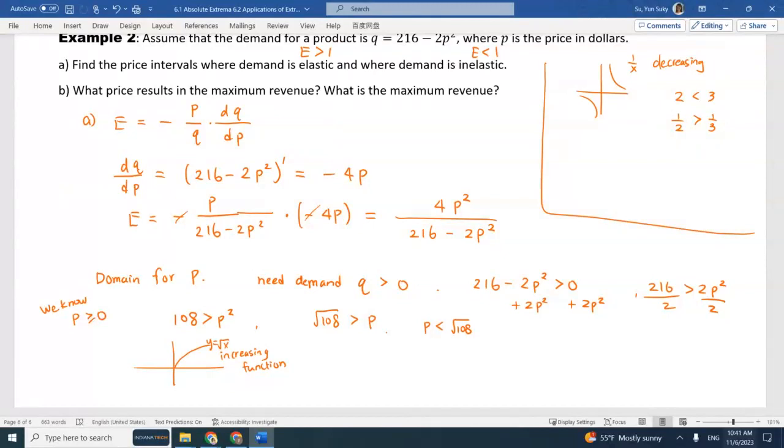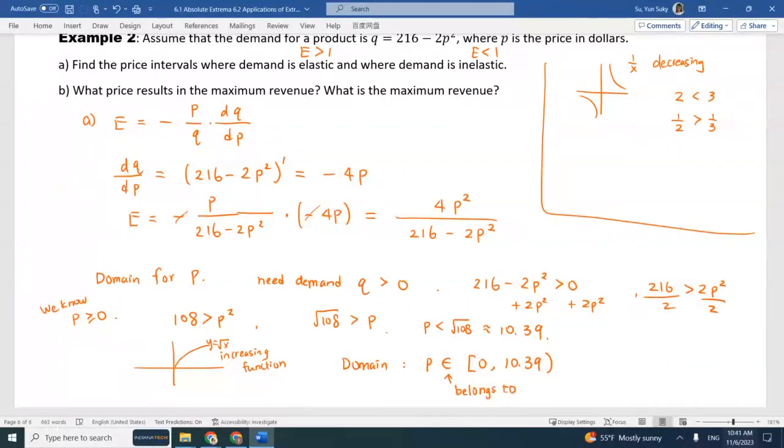No. So therefore, if we know the price is greater than or equal to 0, then when we take the square root, you don't need to consider plus or minus. So therefore, what is the square root of 108? That is approximately equal to 10.39. Therefore, your domain for P is 0 to 10.39. So this symbol means belongs to.